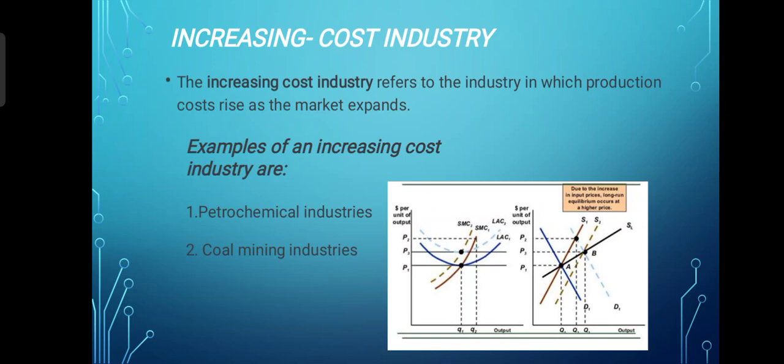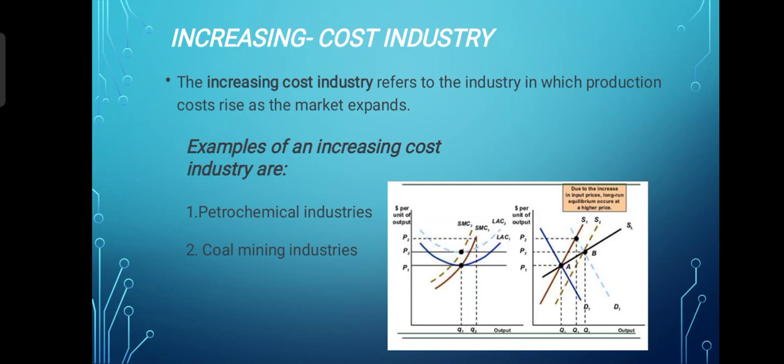In the long run, the cost of production either increases or decreases depending on the industry. The industry in which the cost of production increases with the expansion of the market is known as the increasing cost industry. The supply curve of the increasing cost industry is upward sloping.